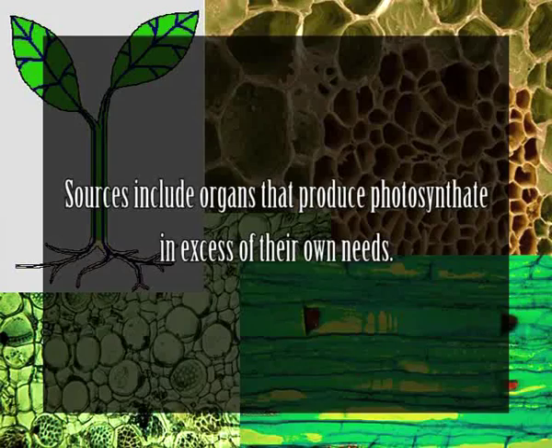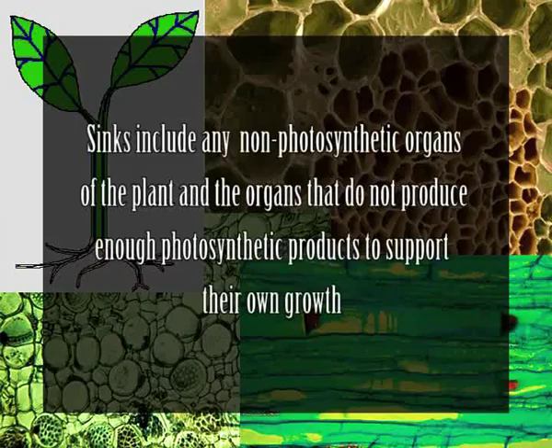Sources mainly include mature leaves that are capable of producing photosynthates in excess of their own needs, or storage organs during the exporting phase of their development. Sinks include any non-photosynthetic organs of the plant and the organs that do not produce enough photosynthetic products to support their own growth or storage needs.